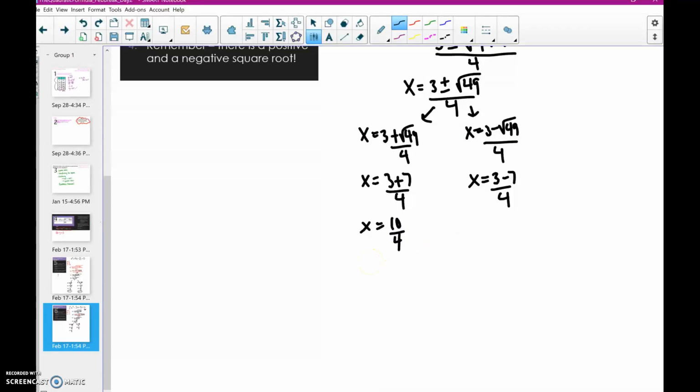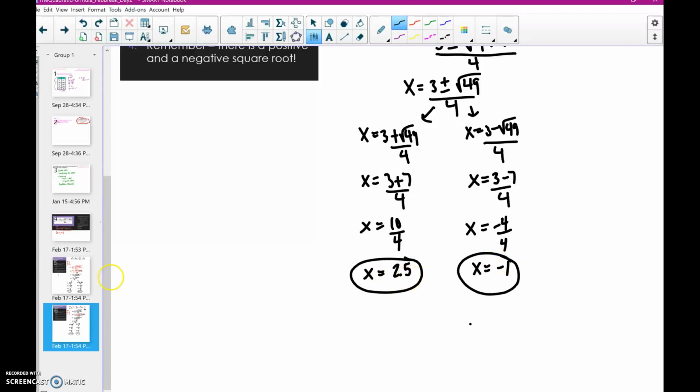And 10 divided by 4 will give us a decimal, but you can write it as a fraction 10 over 4, or you could simplify that, or you could write your decimal. I feel like most of you will probably write the decimal, so we can stick with that. Over here, 3 minus 7 will be -4 over 4, and -4 divided by 4 is -1. So the two places that our equation will cross the x-axis are 2.5 and -1.